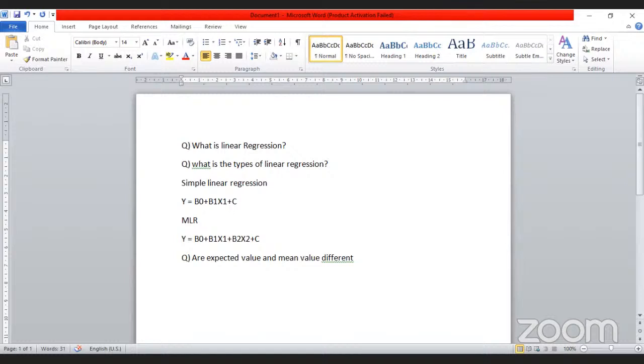Mean is generally referred to when talking about a probability distribution or a sample of a population, whereas expected value is generally referred to a random variable.